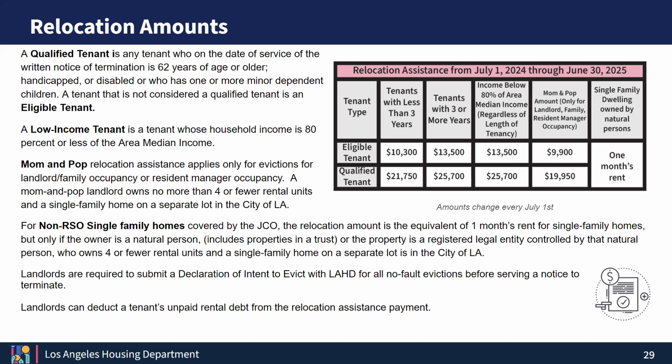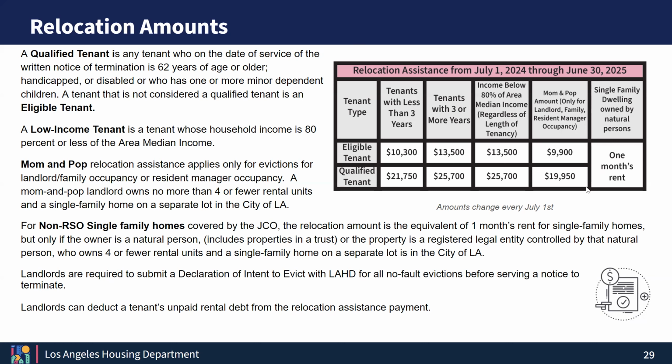So if an owner owns more than 5 units in total in the city, they will not qualify for mom and pop. And if they're evicting for a reason other than owner or family occupancy or manager occupancy, they also will not qualify for the mom and pop amounts. This chart does discuss the single family dwelling amount, which is 1 month's equivalent of rent.